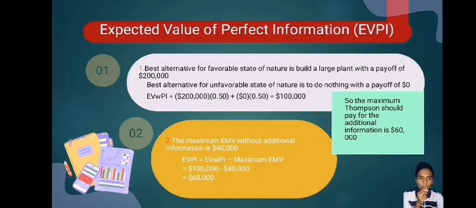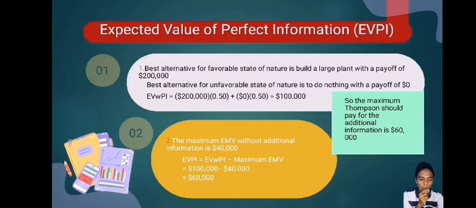So, i-apply na itong formula sa expected value with perfect information. So, 200,000 times 0.5 plus 0 times 0.5 is equal to 100,000. So, nakuha na nato ang amount sa expected value with perfect information.